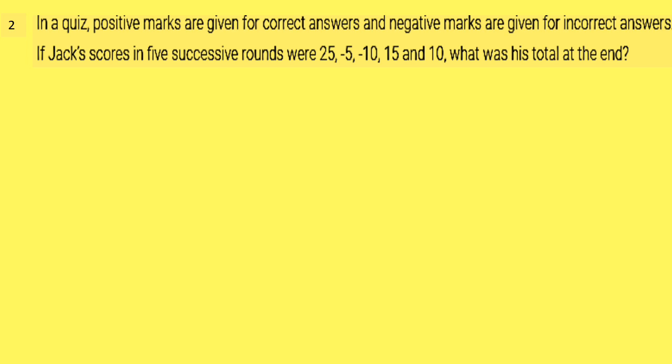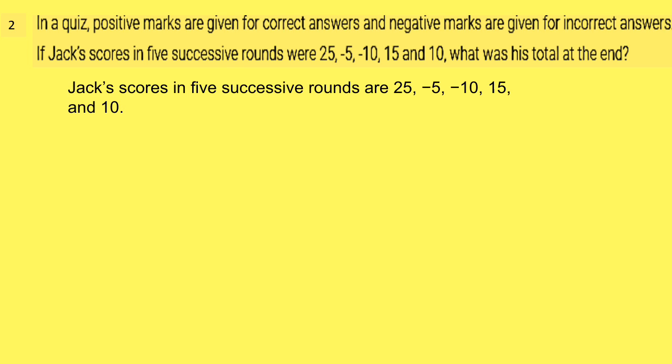They asked the total. So they have given some scores of Jack in a quiz, and they have asked the total. Total means what? You have to add all the scores. So this is what you have to do for this sum. This is also an important question.